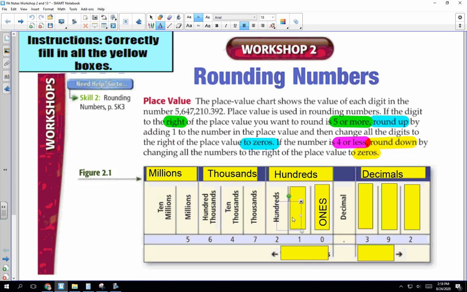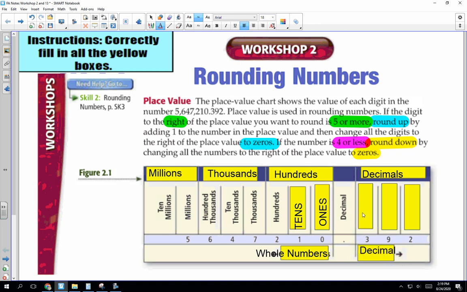These right here are called the tens. Anything to the left of the decimal is called whole numbers. I'm running out of room on that one. Anything to the right of the decimal is a decimal.